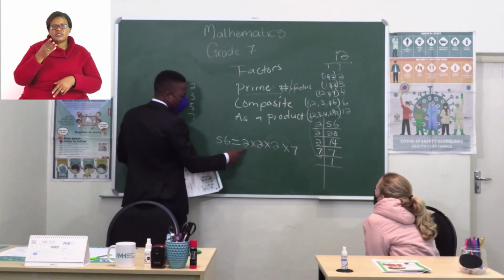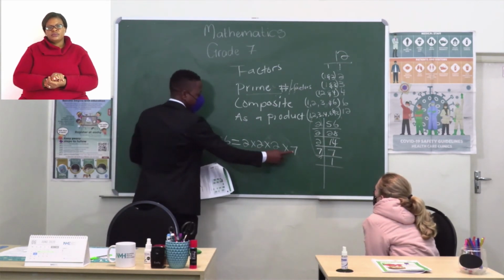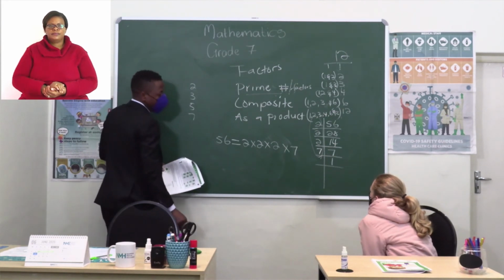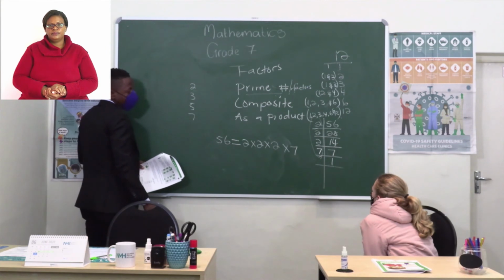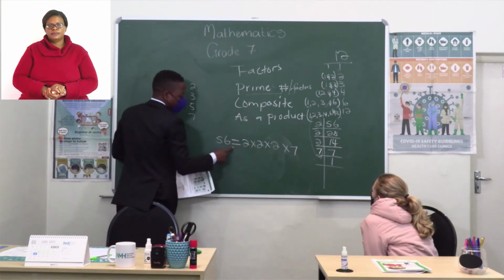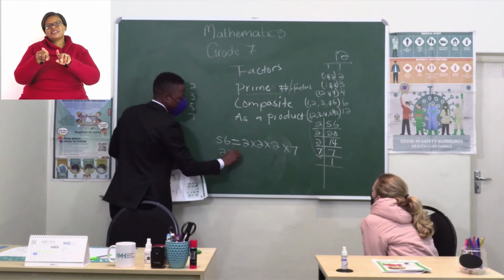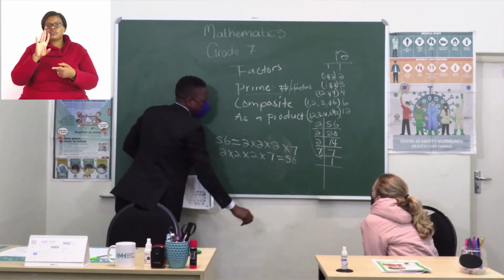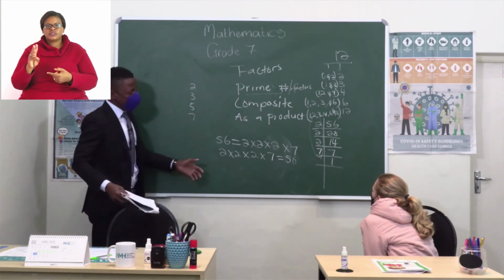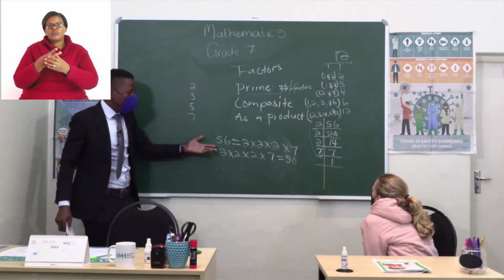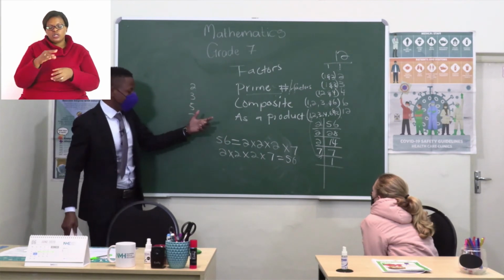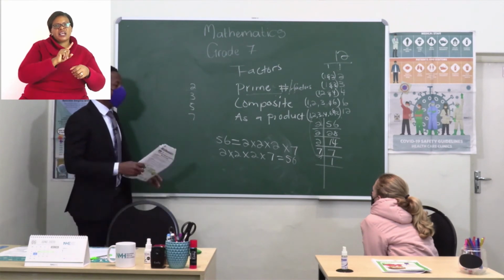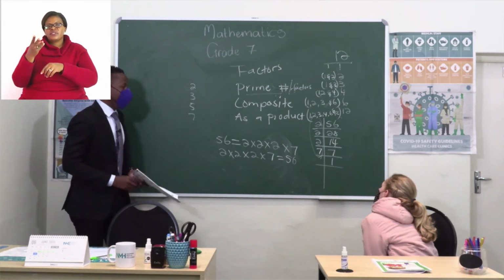So if you multiply 2 times 2 times 2 times 7, you get 56. Writing in this way, or you can write it 2 times 2 times 2 times 7 gives 56. They are both correct. The only arrangement I changed is 56 to be on the other side and here to start. So it's still the same.